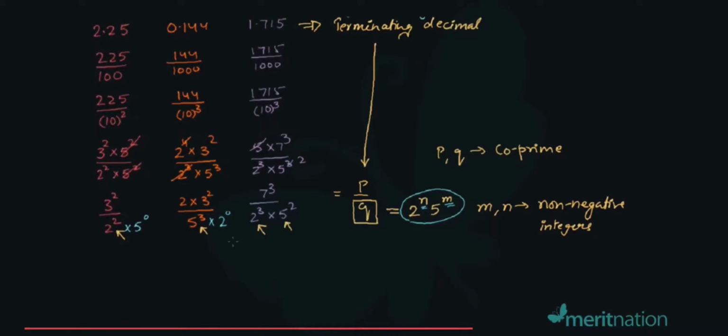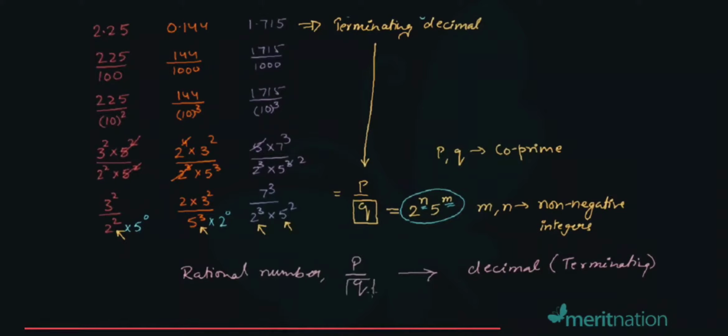It simply states that whenever a rational number, say p by q, is converted into a decimal, you will always have this decimal as a terminating decimal, if the denominator of the given rational number is of the form 2 to the power n times 5 to the power m. And remember, we have cancelled out all the common factors. So it is expressed in the simplest form.